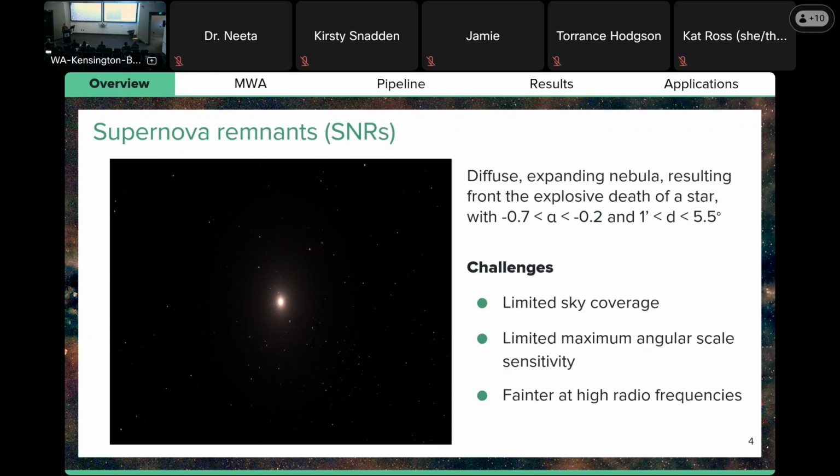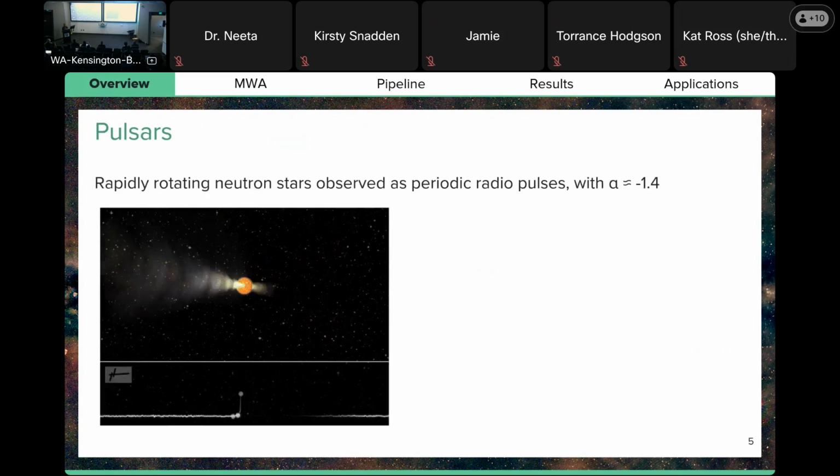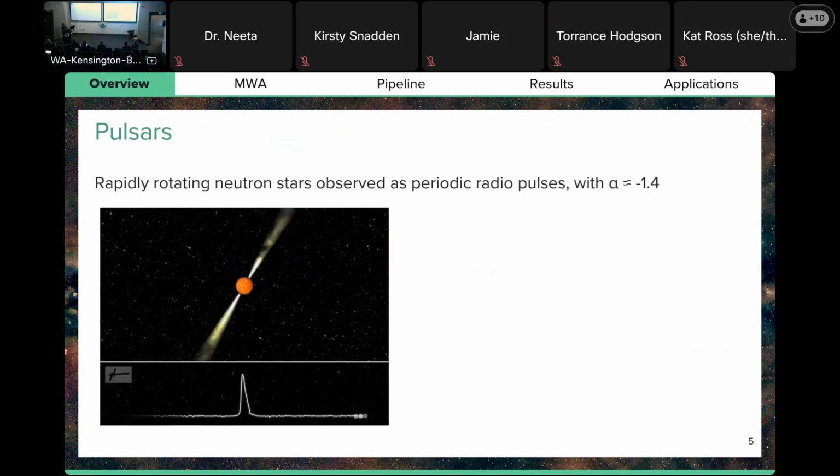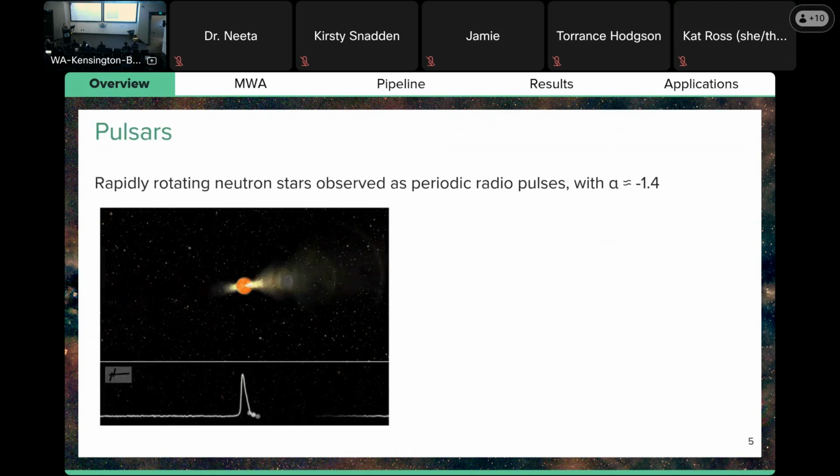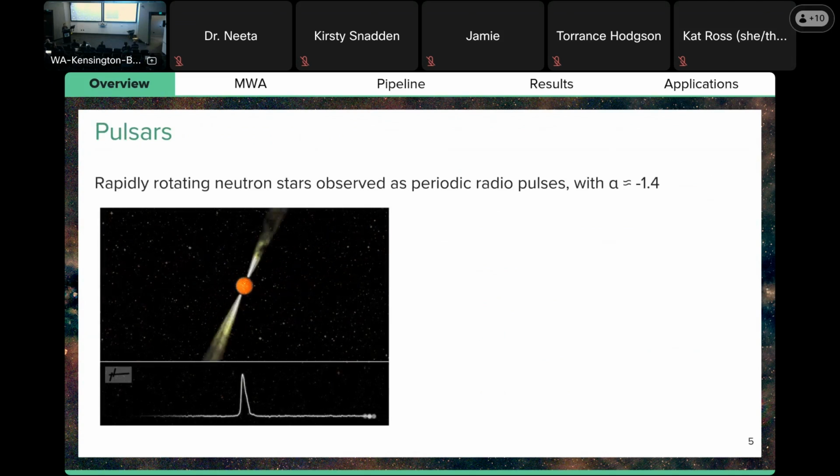Another source that I'm interested in are pulsars, which are rapidly rotating neutron stars, observed as periodic radio pulses. Every time the beam intersects our line of sight, we detect a pulse. They're also non-thermal sources with a mean spectral index of -1.4, so they get brighter at lower frequencies.